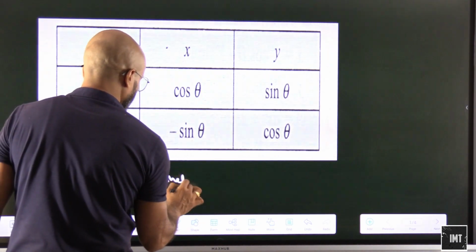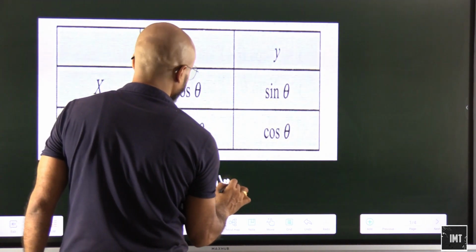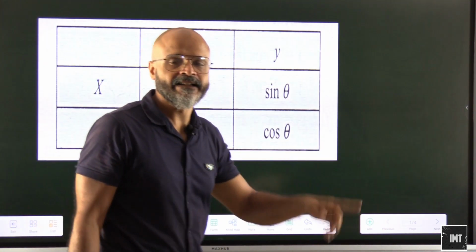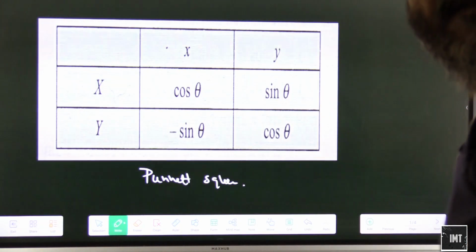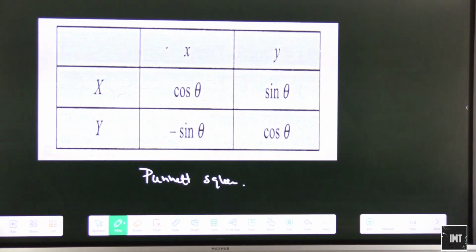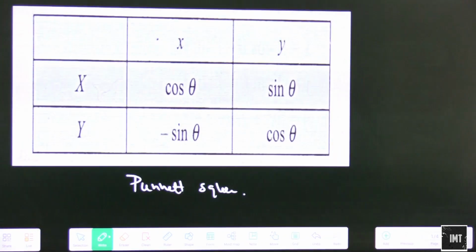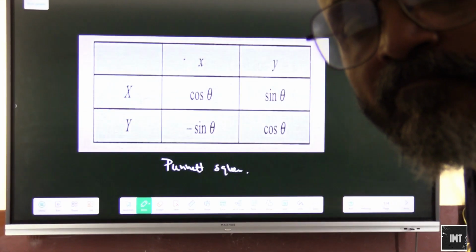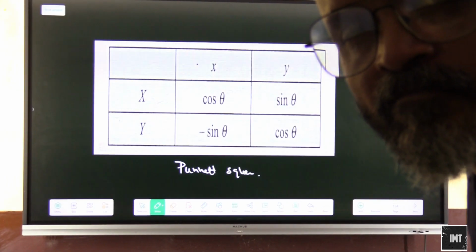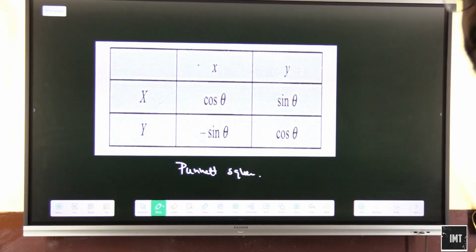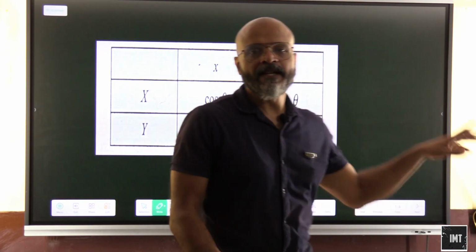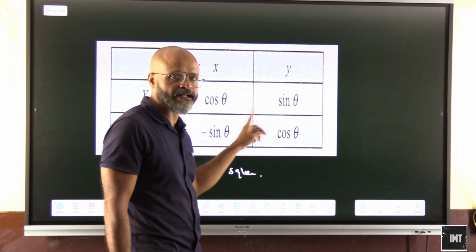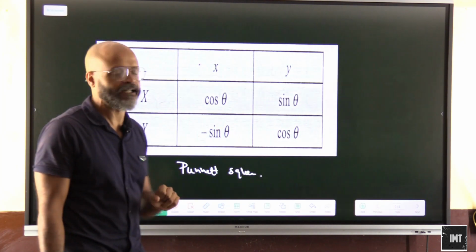So in a Punnett square we had something like this, wherein we have small x and y, and then cos theta, sin theta, and then minus sin theta and cos theta.